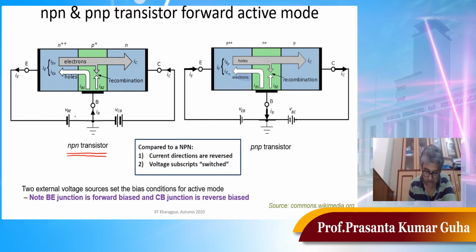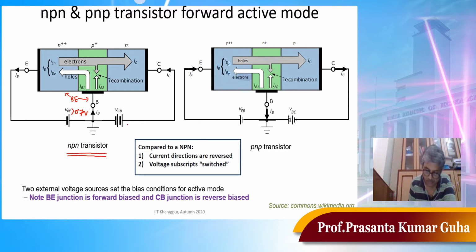What it means is, if this VBE is more than 0.7 volt, if the BJT is made on silicon, then this base emitter junction will be forward biased.